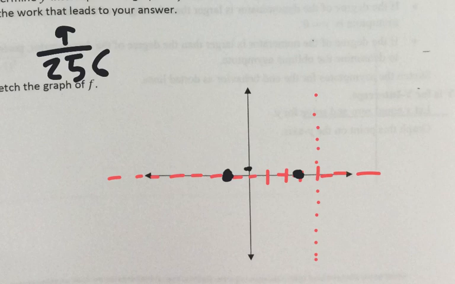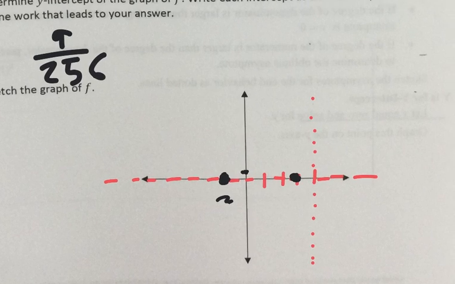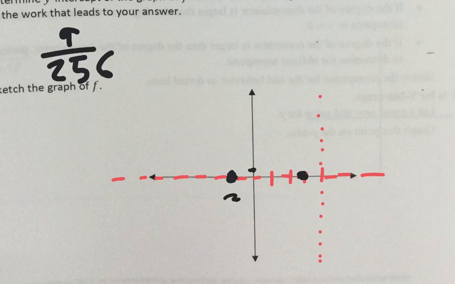And now, where did it bounce? It bounced on one of the x-intercepts. It bounces at 3. So if I think about what this is going to look like, I know it has to cross here and here, and it's going to bounce here.